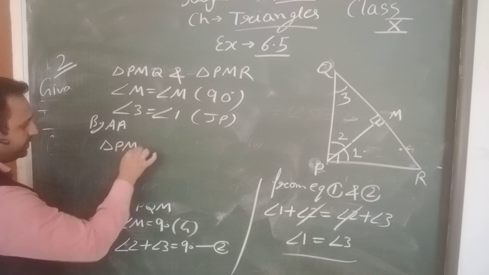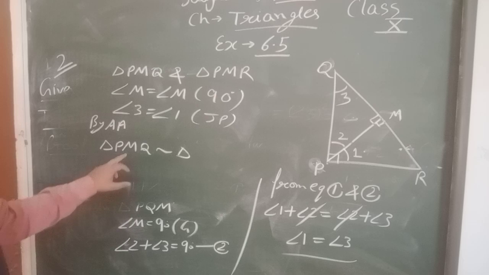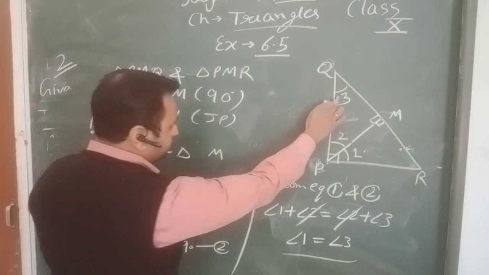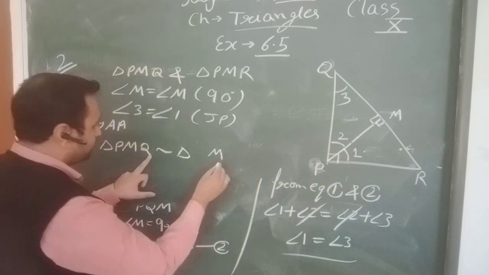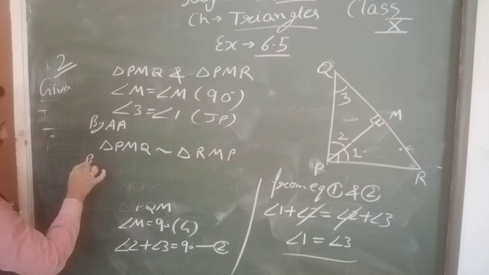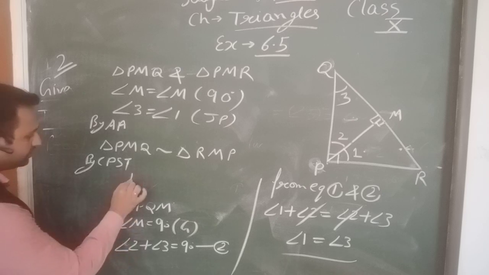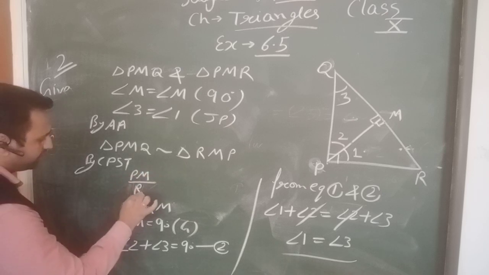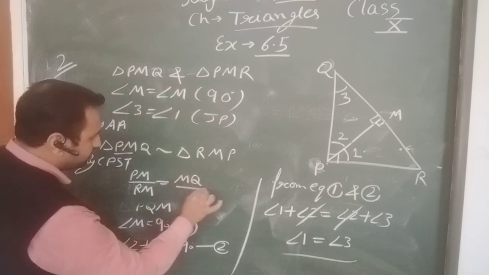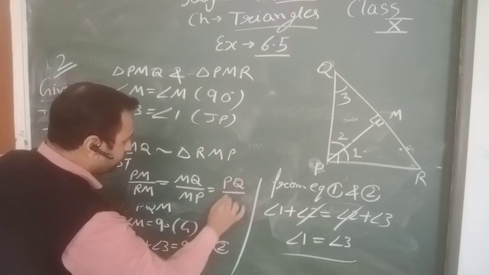So triangle PMQ is similar to triangle RMP: angle M is equal to angle M, and angle Q of this triangle is equal to angle P of this triangle, so R and P. Now by CPCT, corresponding parts of similar triangles: PM upon RM is equal to MQ upon MP is equal to PQ upon RP.